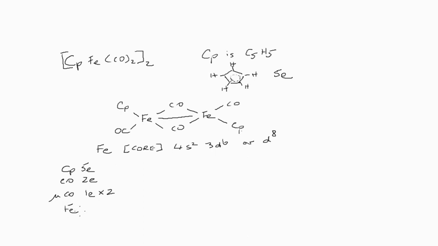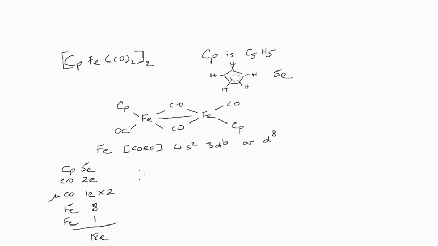That 1 iron is the 8 electrons that we've determined from D8. The other iron is contributing 1 electron, because you can see that there is an iron-iron bond that is included in the structure. And determining the electron count can help you decide whether one should have the formalism of a metal-metal bond or not. 5 plus 2 is 7, plus 2 more is 9, 17, 18 electrons.